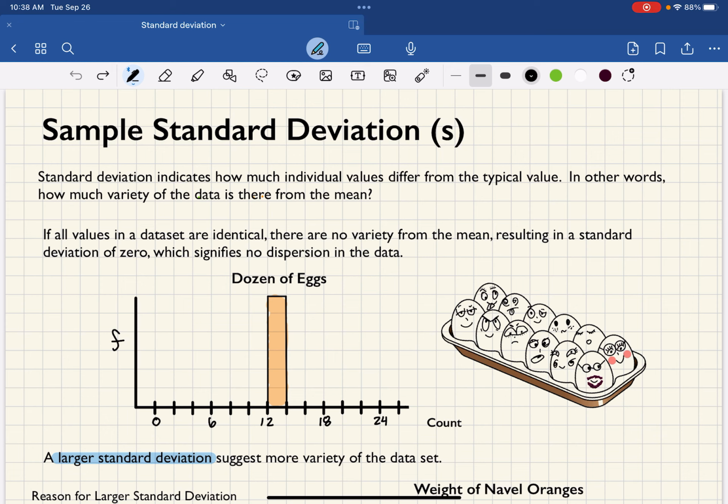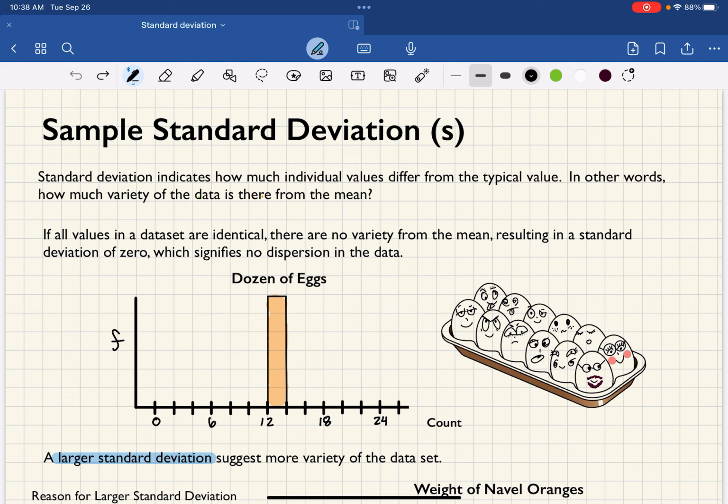For example, a dozen eggs, right? Let's say you go to the supermarket and you're buying a dozen eggs, and that's the only thing they sell. So there's always 12 eggs in a carton.